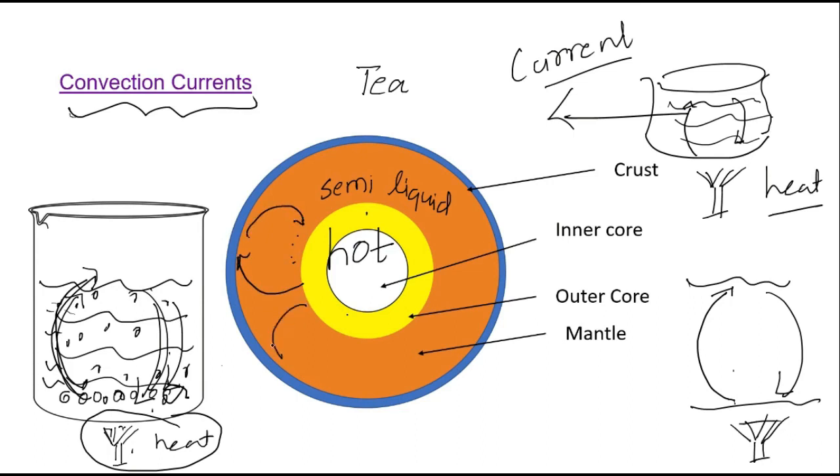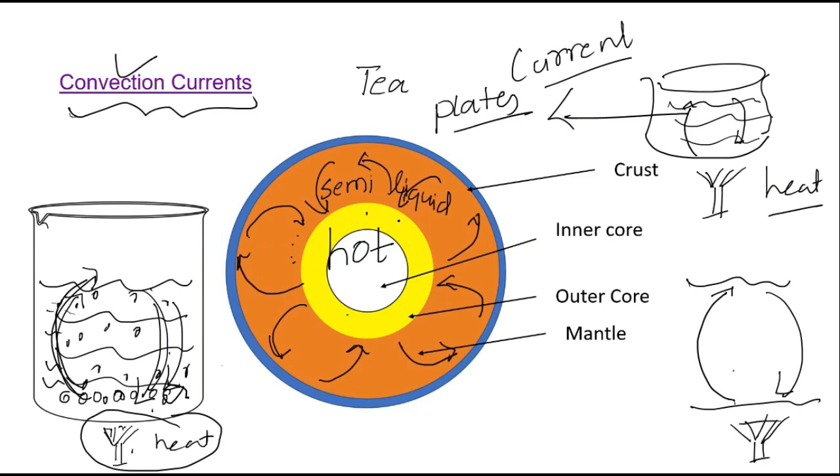This happens all around and causes a convection current in the mantle area inside the earth. Because of this, there is always a push on the surface rocks, and those are called plates. So these plates are always pushed, and pushed by what? Convection current. And why convection current? Because of the heat at the core.